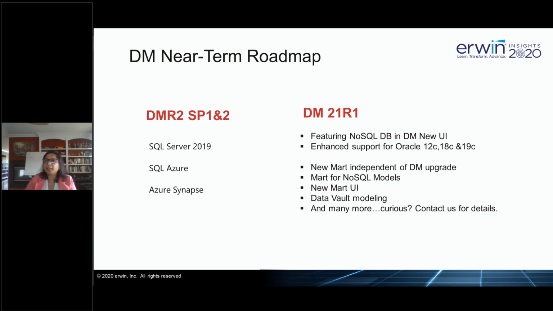The first thing is we are releasing Service Pack 1 and Service Pack 2 in the near future, in October and November. The good news is these will have SQL Server support, Advanced support, SQL Server Azure support, and SQL Server Synapse support. So wait for Service Pack 1 and Service Pack 2, and you will see those features.